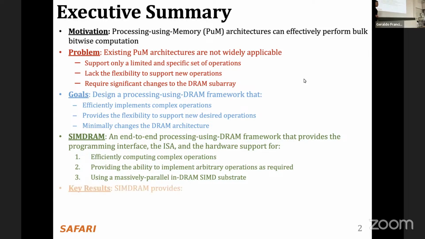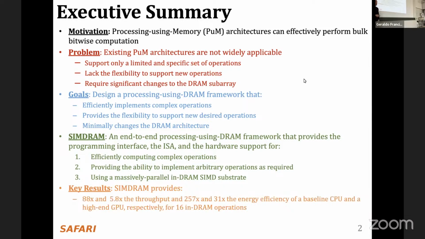We extensively evaluate SimDRAM, and we observe that it can significantly improve throughput and energy efficiency compared to a baseline CPU and GPU for 16 different in-DRAM operations, while providing 21 times and 2.1 times the performance of a CPU and a GPU for seven real-world applications.